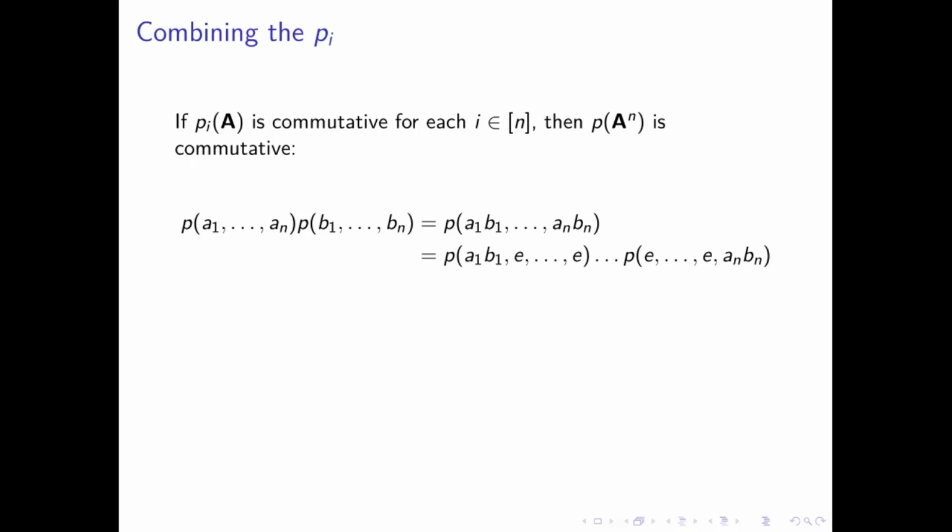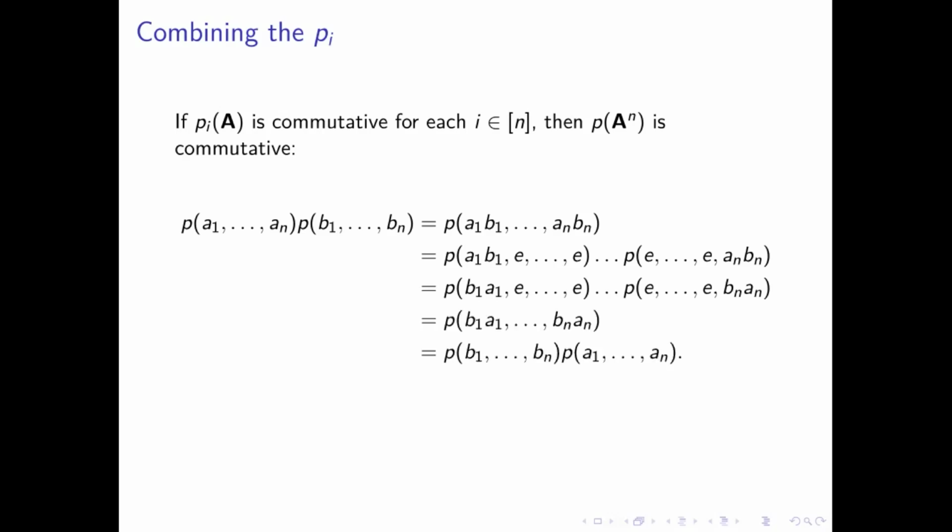There's an identity in A, E. And so I'm just pulling out the first coordinate, then pulling out the second coordinate, multiplying them all together. This works again because multiplication commutes with the polymorphism P. Then by assumption, I have that Pi of A is commutative for each i in the first n integers here. So now I can swap A and B in each component and then just repeat everything again, combine and split apart again.